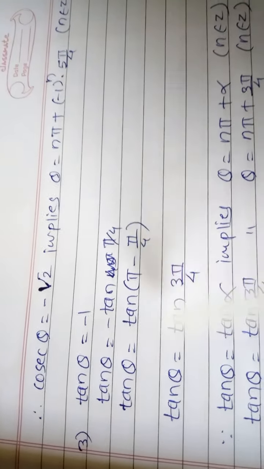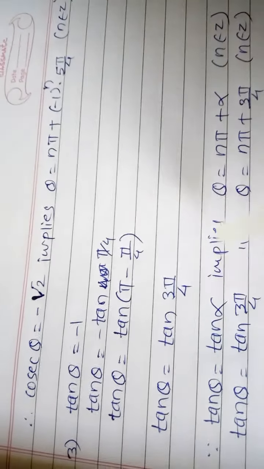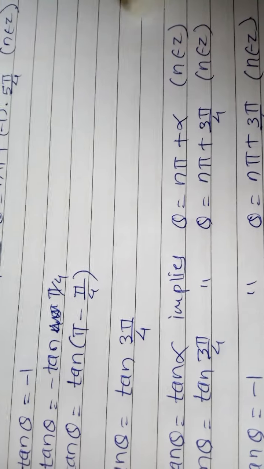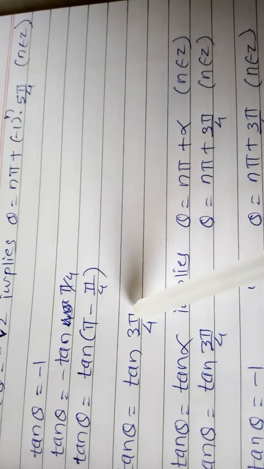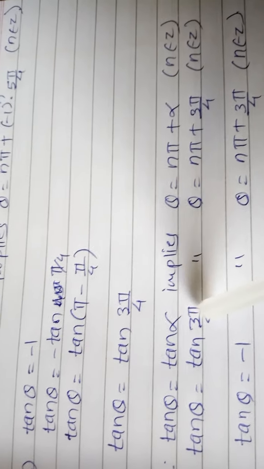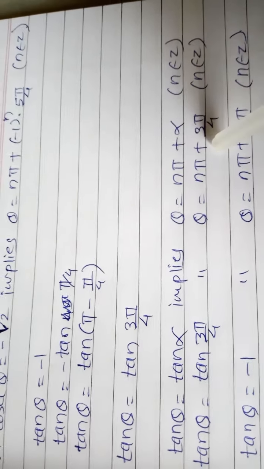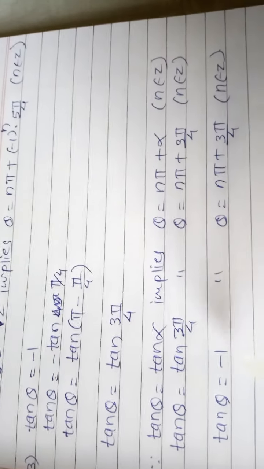Now we have to compare this with the table, and we get the formula, that is tan theta is equal to tan alpha, which implies that theta is equal to n pi plus alpha, where n belongs to z. Now comparing these two, we get the value of alpha is 3 pi by 4. So tan theta is equal to tan 3 pi by 4 implies theta is equal to n pi plus 3 pi by 4, where n belongs to z.